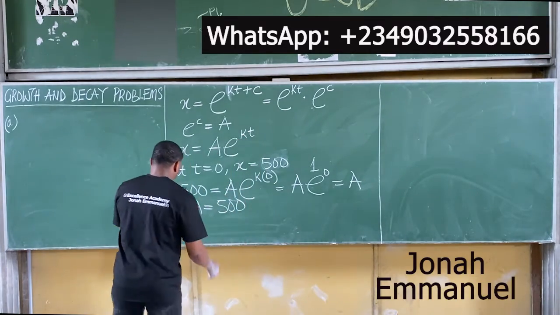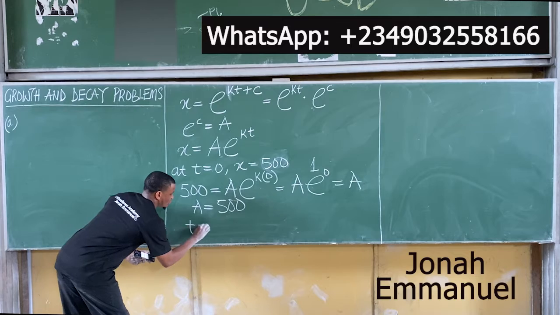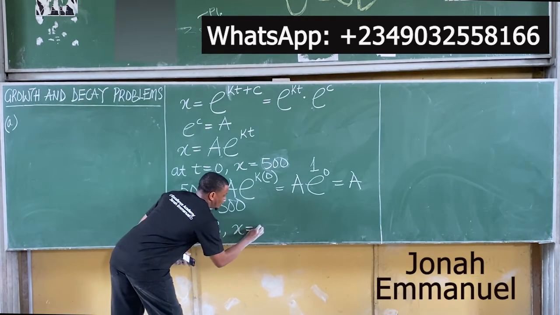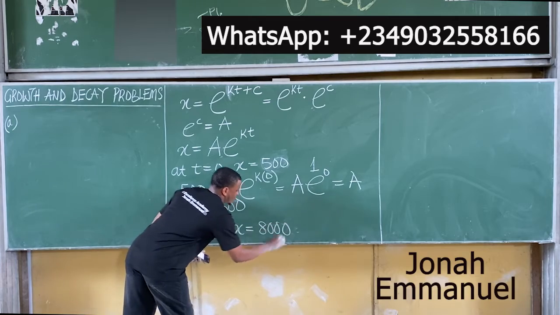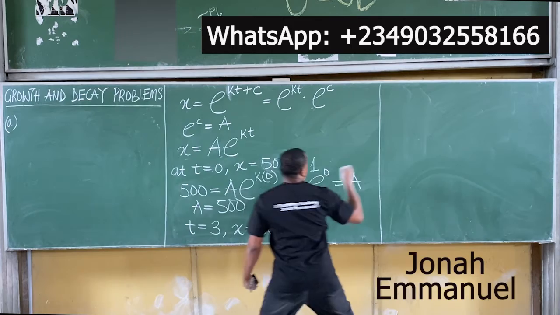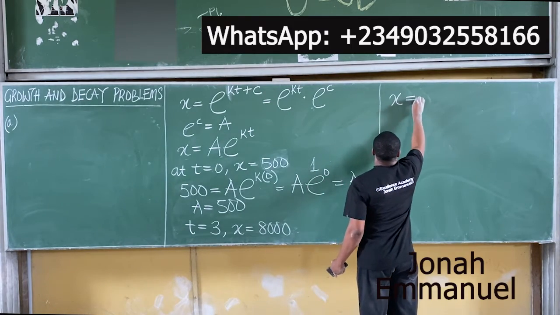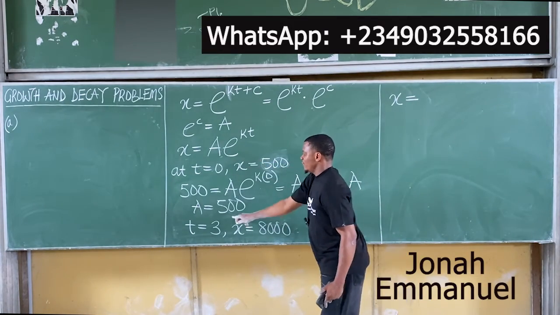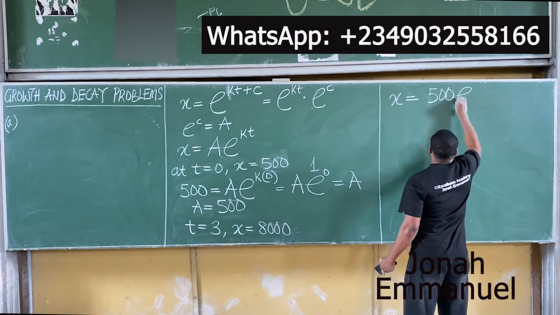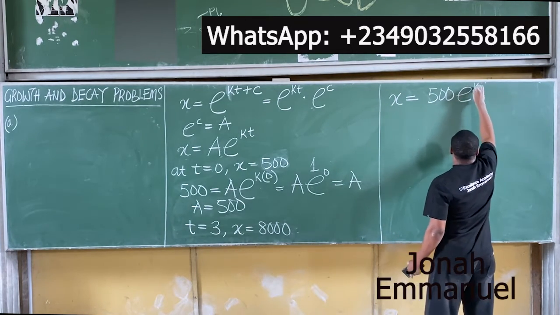The big part: they said after 3 hours, so t equal to 3, the population x is equal to 8,000. Let's impute values here. From this, x is equal to A, the value of A is 500, exponential kt.